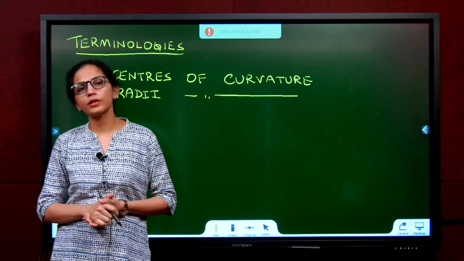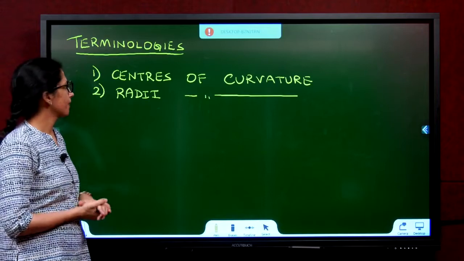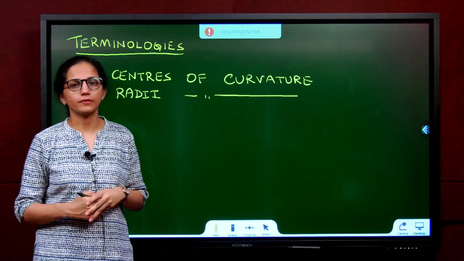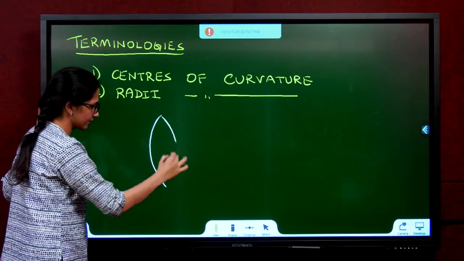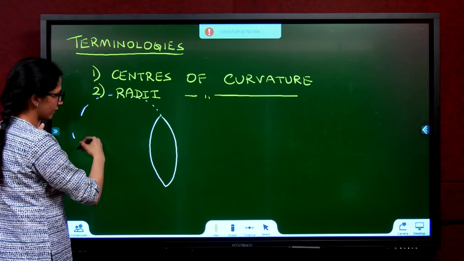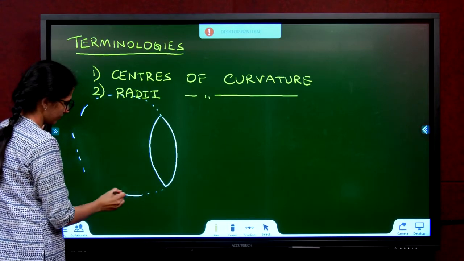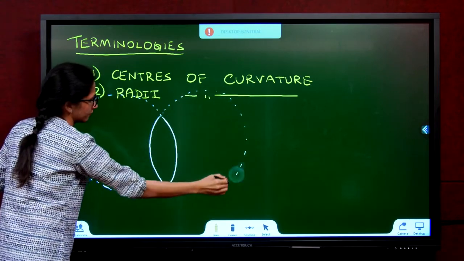Let's understand a few important terminologies of lenses. Centers of curvature. If this is a convex lens, this part is coming from one sphere. This one is coming from another sphere.